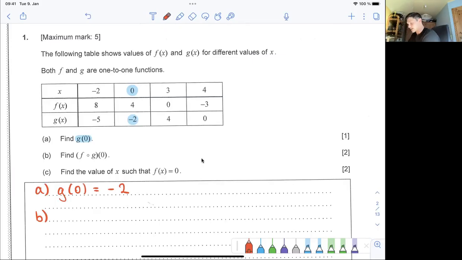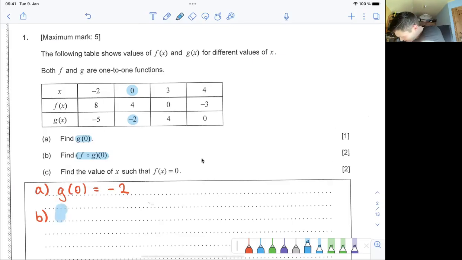Part B asks us to find (f∘g)(0), or f of g of 0, which is a composite function question. You may have heard it being called f of g functions.